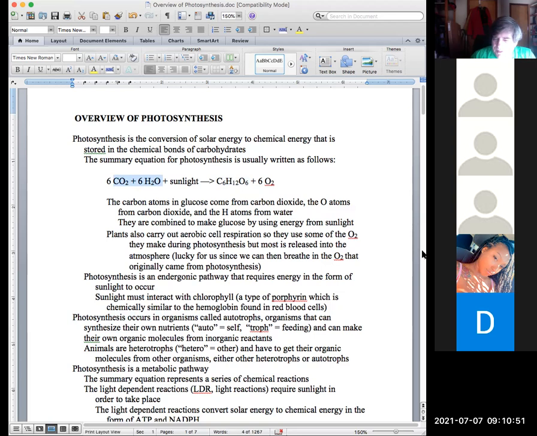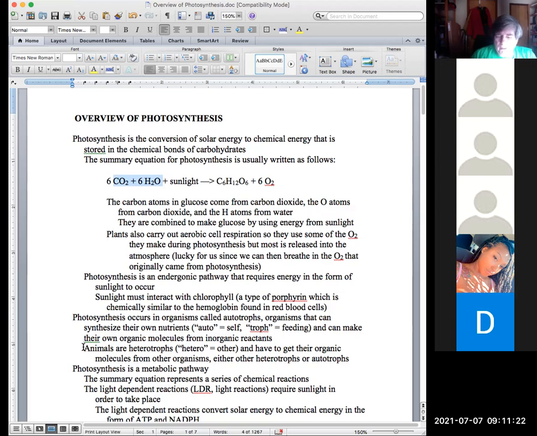Besides plants, there are a couple of other organisms that are autotrophs. There are some bacteria that carry out photosynthesis, and there are some things that we call algae that carry out photosynthesis. You might have thought that algae are plants, and they're similar in some ways, mostly the fact that they carry out photosynthesis, but they don't have other characteristics that would make us group them with plants.